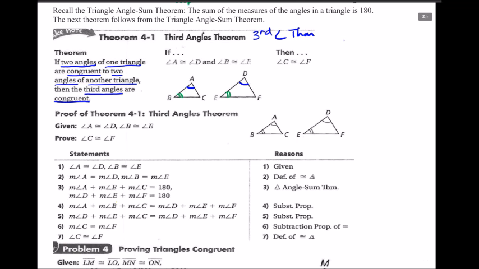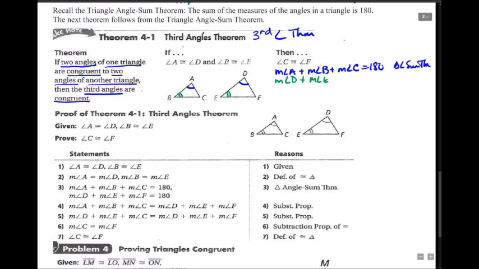Now, how does this work? Well, I told you that it's triangle angle sum theorem, so let's look at our first triangle here. We can say that the measure of angle A plus the measure of angle B plus the measure of angle C equals 180 degrees. That's triangle angle sum theorem. And in our second triangle, we can say the measure of angle D plus the measure of angle E plus the measure of angle F equals 180 degrees. That's also triangle angle sum theorem. So look here what we've got.